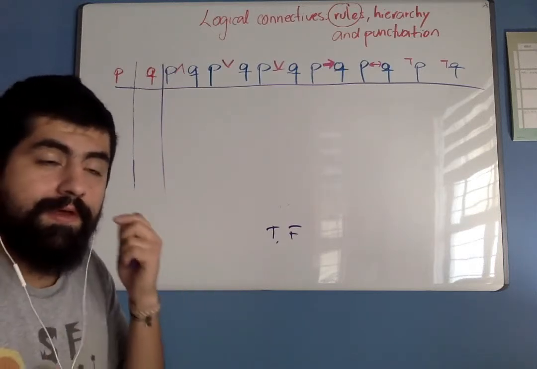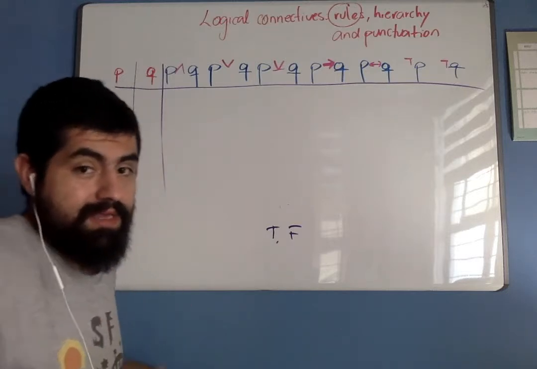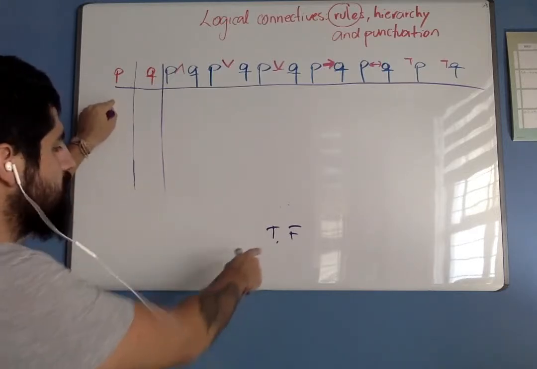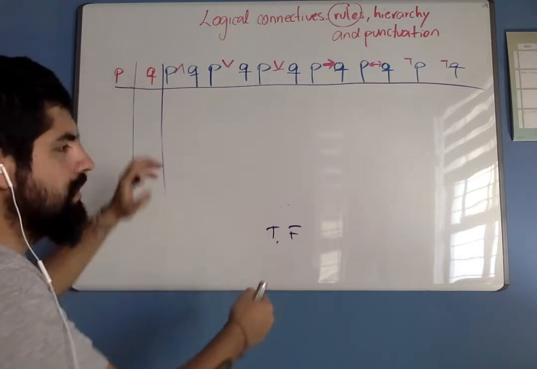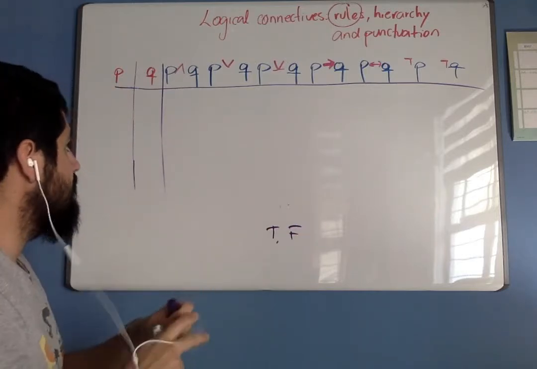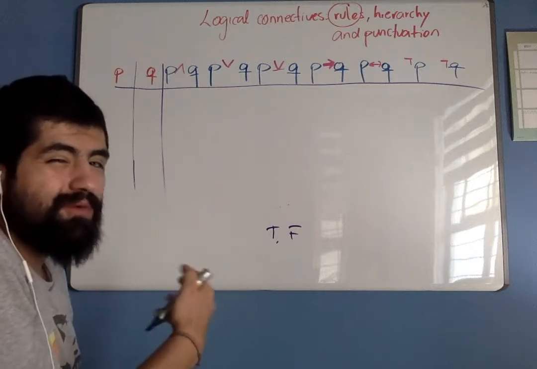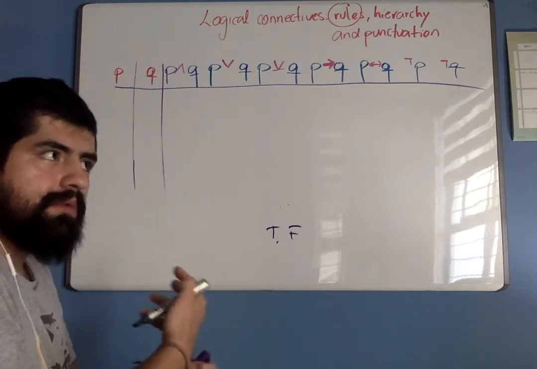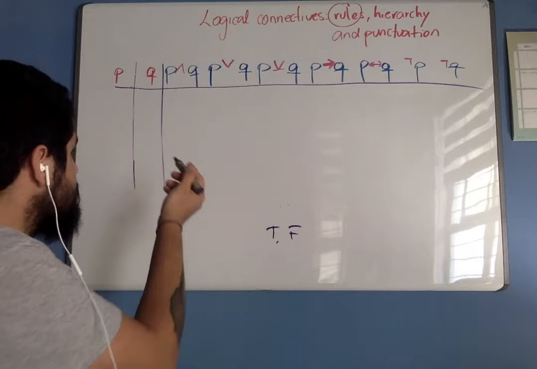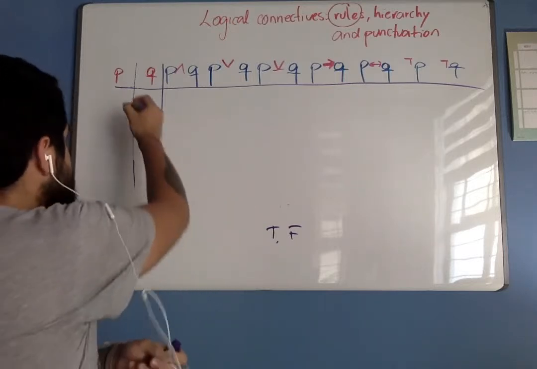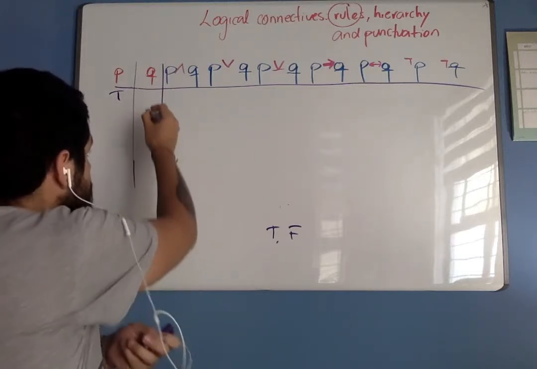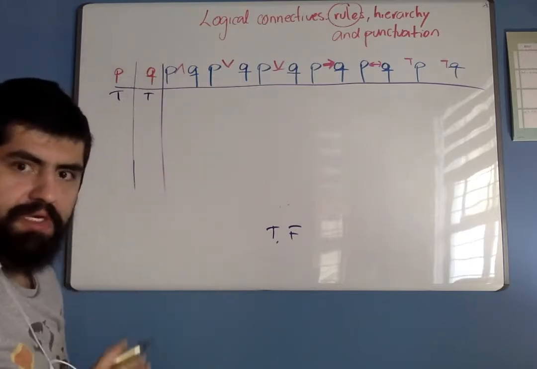So we are going to do the following. On the left side of the chart that we are going to build, we are going to make an arrangement of the possible combinations of the values of P and Q. That is really easy actually, because imagine that we have the first scenario, and in the first scenario, P is true, and in the very same scenario, Q is true. Really easy, you know?